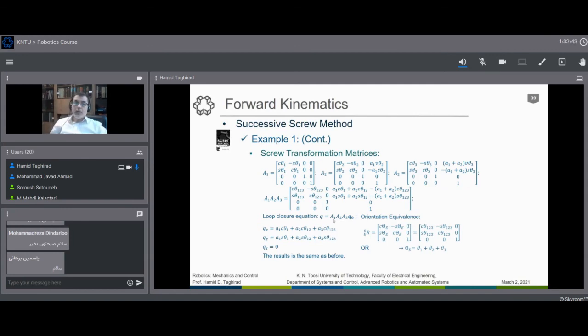But here, A1 times A2, A3 times the target reference position gives you the target position. If you can prove that, you can go for as long as you want. You can have 100 joints, as in a cobra snake attacking its prey. We will show it in the next chapter. Thank you.